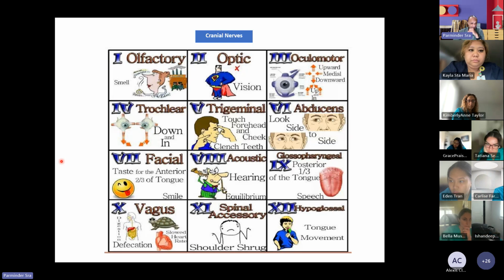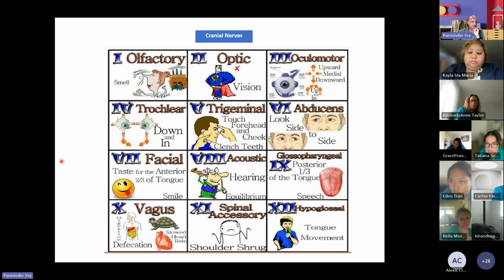Now, your facial cranial nerve 7 controls the facial expression muscles, and also the taste on the anterior, the outside part of the tongue. That's where most of your taste buds are. Then your vestibulocochlear nerve, which is your cranial nerve 8, is for your hearing, and your middle ear is also responsible for balance. So hearing and balance.